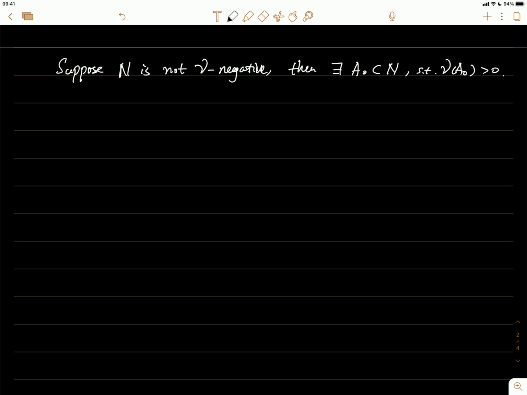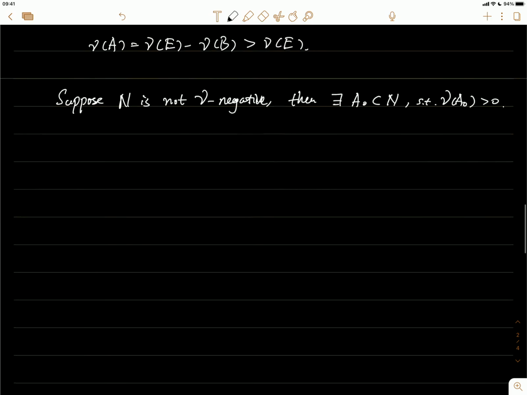Right? Otherwise, it will just be nu negative. If any subset has a non-positive measure, then this set N is nu negative. But if it's not, then there must be some set A0 such that its measure is greater than 0. Okay, so A0 is a subset of N.